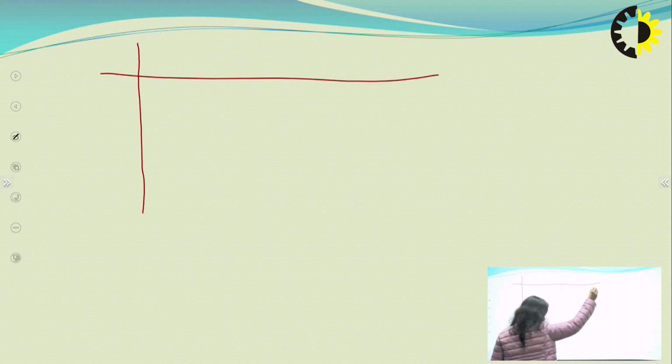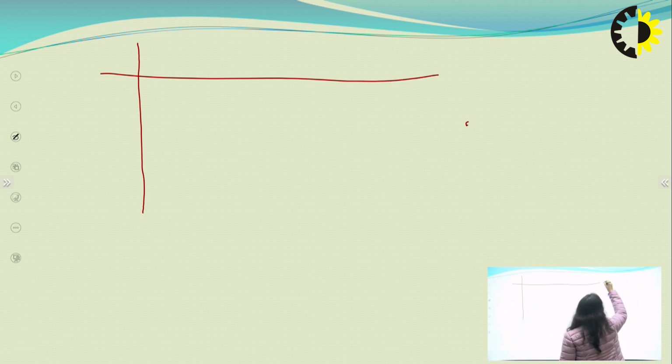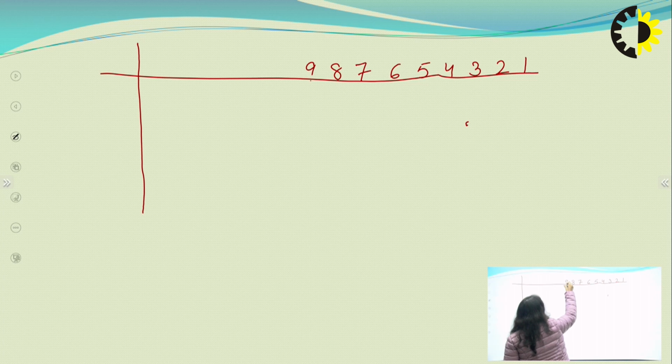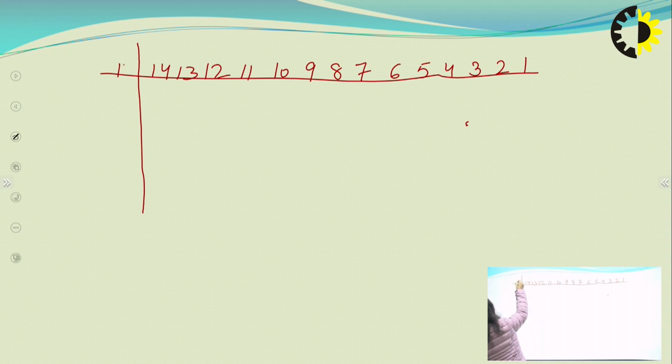Now let us make a table where we are having 16 bits of data. We can say 16 bits: bit 1, 2, 3, 4, 5, 6, 7, 8, 9, 10, 11, 12, 13, 14, 15 and 16. Why 16? Because here we are taking a 16-bit instruction.